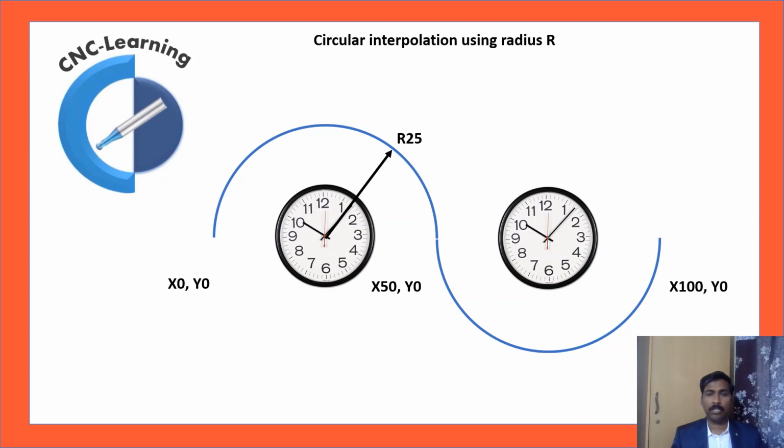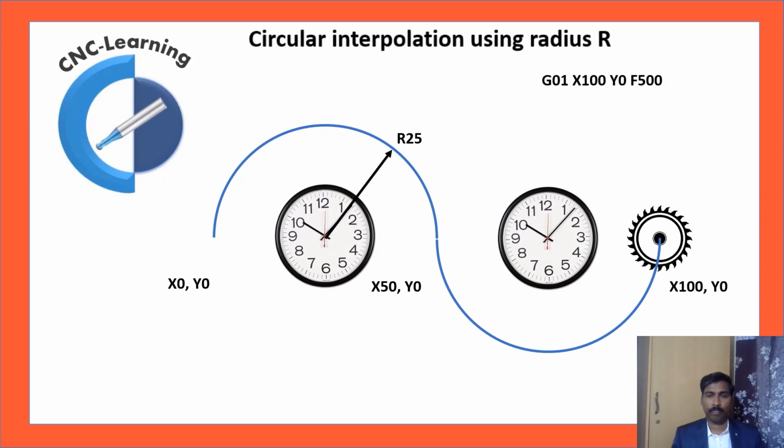Circular interpolation using radius. The first coordinate is X100 Y0. Now you can see the cutter is positioned. Now the next command. The movement is circular and clockwise.